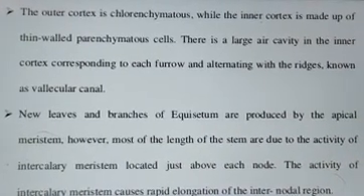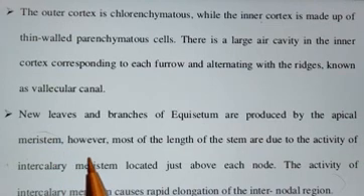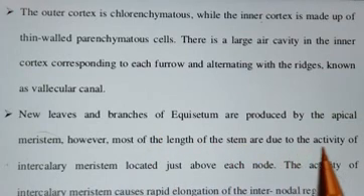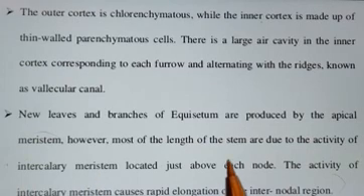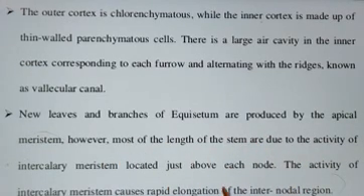So you can see the apical meristem, which is the upper tip portion, which is also growing, having the capacity to grow. However, most of the length of the stem is due to the activity of the intercalary meristems. Means meristems divide and produce intercalary meristems, which are located just above each node.